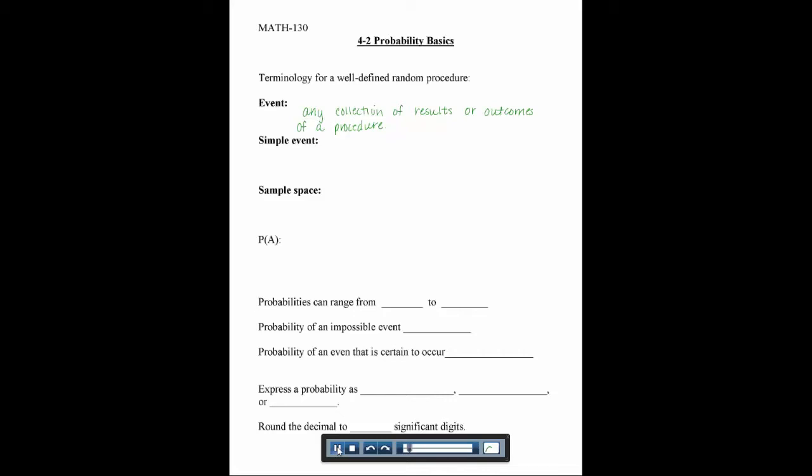A simple event is an outcome that can't be broken down into simpler components.